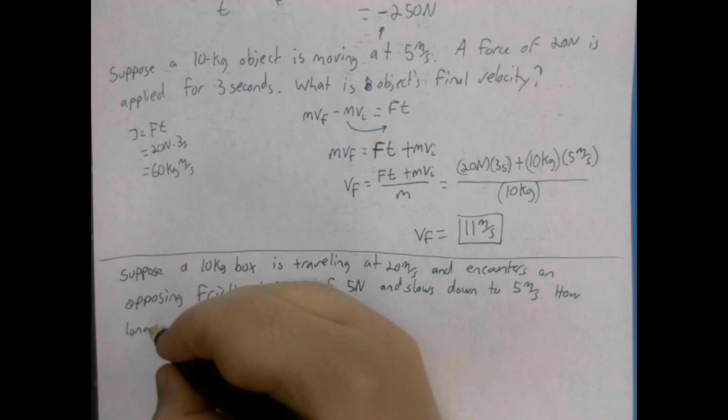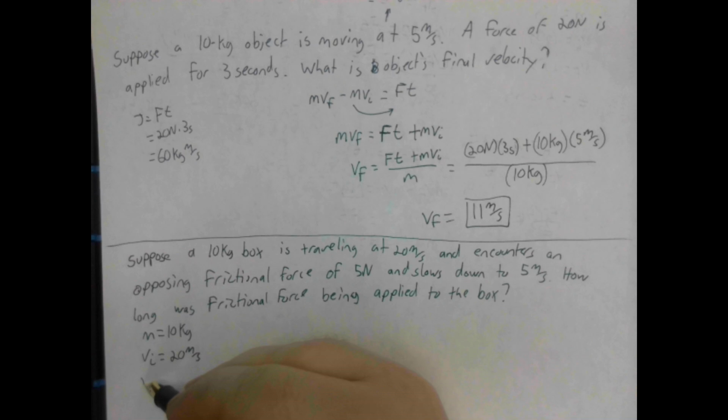So, mass, 10 kilograms. Initial velocity, 20 meters per second. Final velocity is 5 meters per second. Frictional force is always opposing, meaning it's always in the opposite direction of motion.